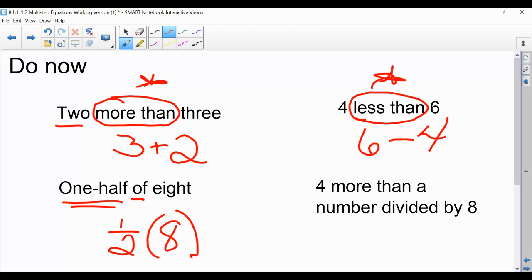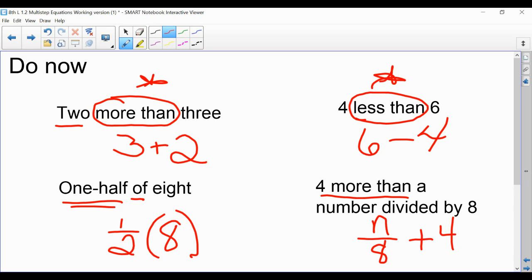So 1/2 of 8. And then a little bit more complicated one, 4 more than a number divided by 8. So we have a number divided by 8, and then we have 4 more than. So 4 more than, and we have a number divided by 8.